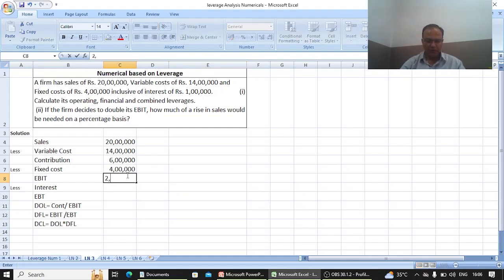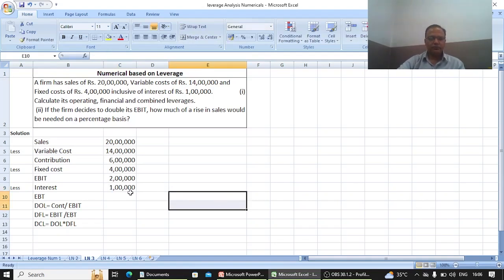EBIT rupees 2 lakh. Now, interest. Interest is rupees 1 lakh. EBT will be 1 lakh.